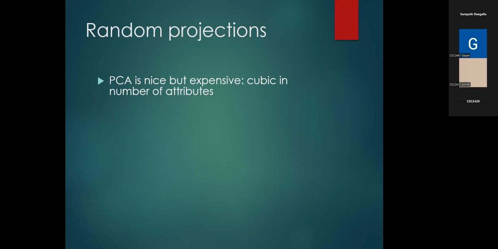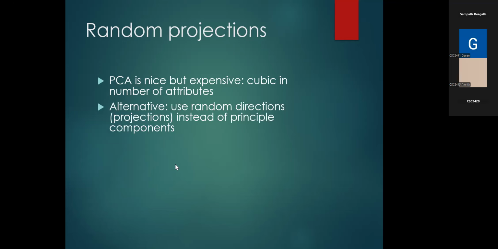So people were looking at simpler techniques, a simple projection instead of PCA, especially in high dimensional space, right? What people proposed in random projection is simply using a random matrix.